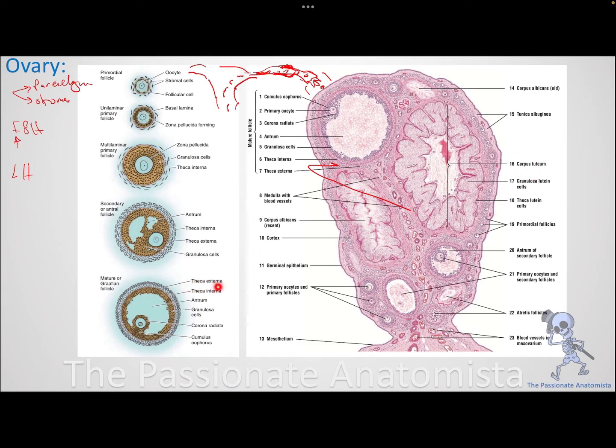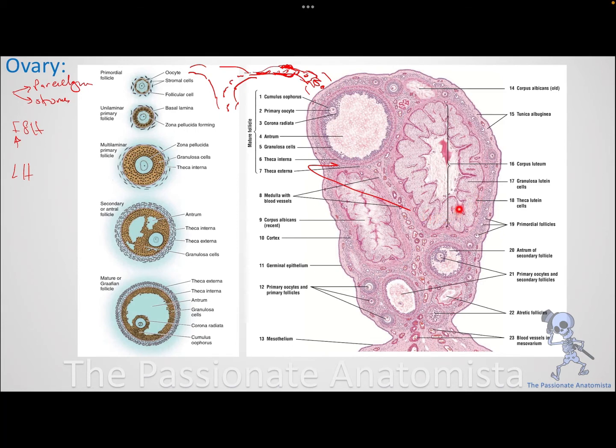However, outside, the theca externa is basically fibers. It's a fibrous layer. It has more fibers than cells, and it does not participate in that. So the theca interna cells and the granulosa cells together, when we bring the oocyte out, are going to form the corpus luteum.